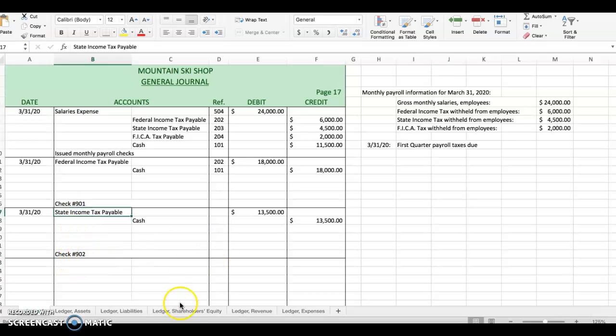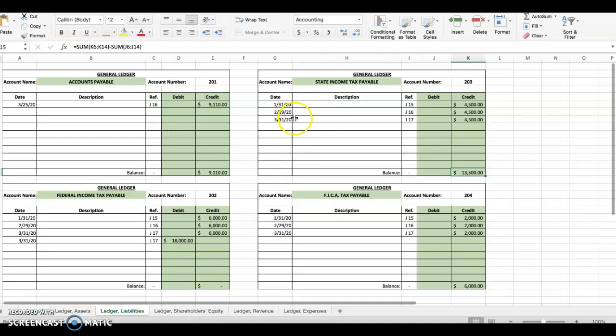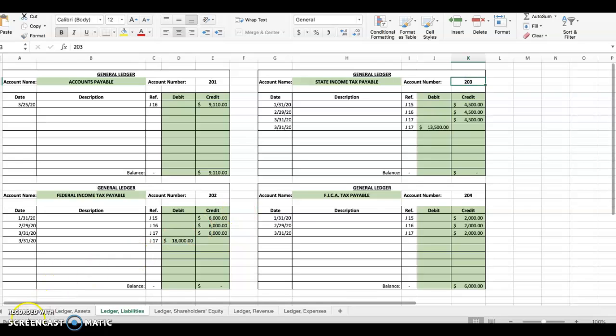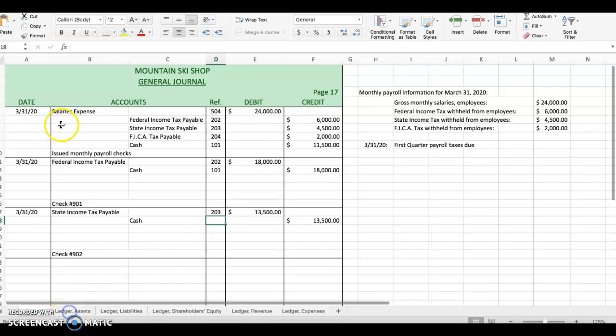So let's post this. The 13,500 is a debit to state. Journal page 17. And it's a debit. 13,500, which gives us a balance of 0. Account number 203, back into the journal, and again cash gets credited.